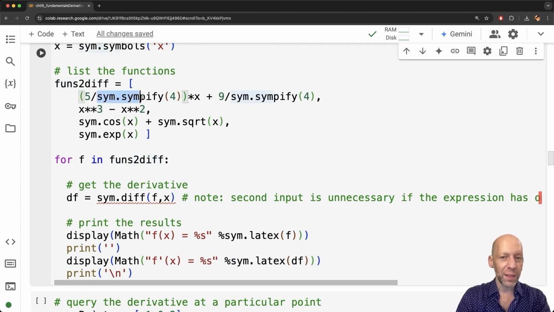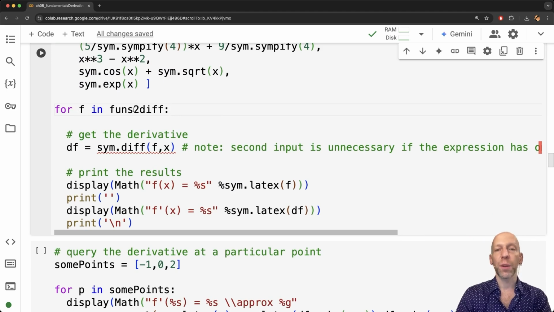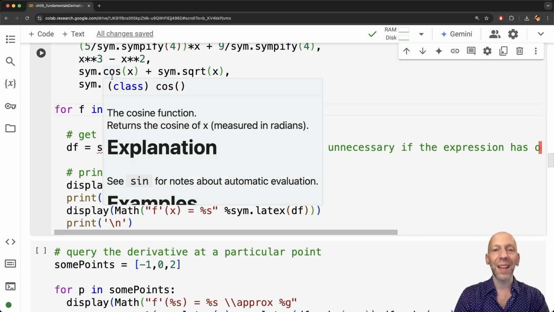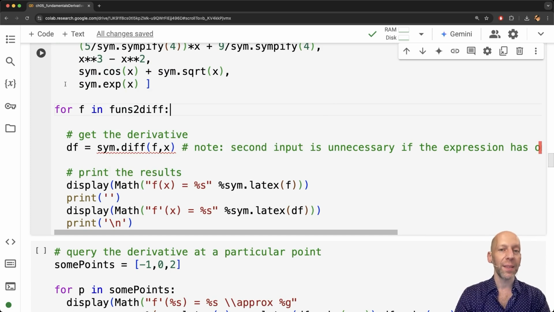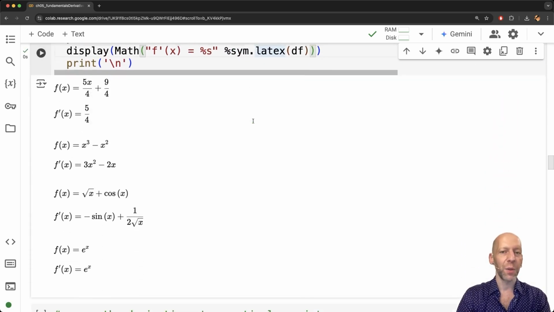I'll talk about simplify in a moment. But here you can see x cubed minus x squared, this is cosine plus square root of x, and here we have e to the x. And then inside this for loop, over these different elements of this Python list, I am calculating the derivative using SymPy, and then just printing out the function and its derivative. All right, so that you see here.